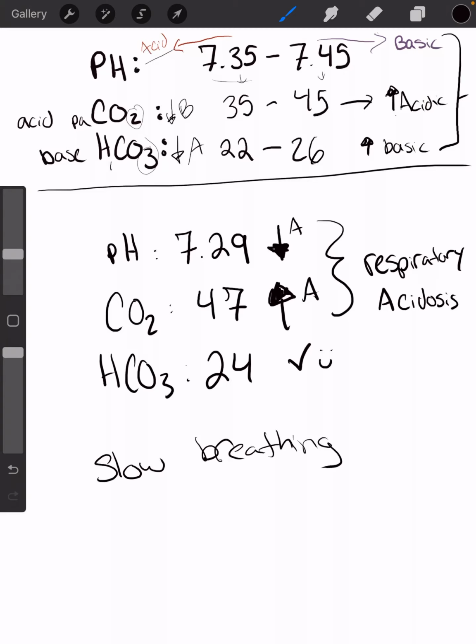Or something that's more common now, a CNS depressant. Maybe they took too much fentanyl and their breathing has been slowing down or stopping, or alcohol intoxication. So a CNS depressant can cause that. That is a possible NCLEX question. So, okay, let's do another example. And these are basic examples.